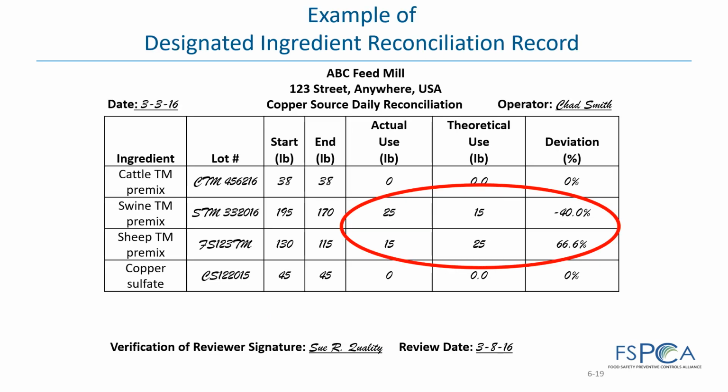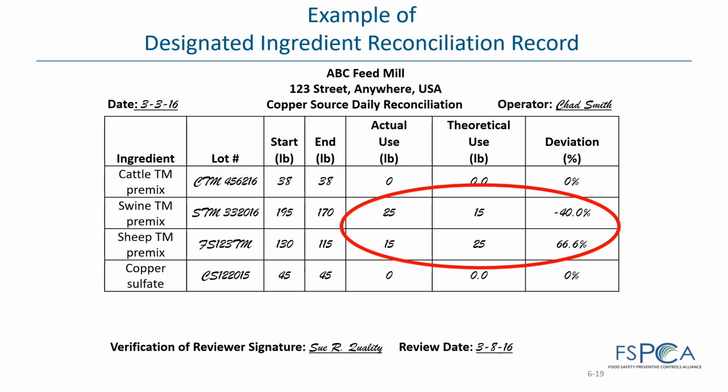When we take a look at a reconciliation record, we can also see some red flags that tell us that a corrective action needs to happen. This one gets a little bit more tricky, and we can piece the puzzle together through all of this information. So take a look at all the information that is circled in red.